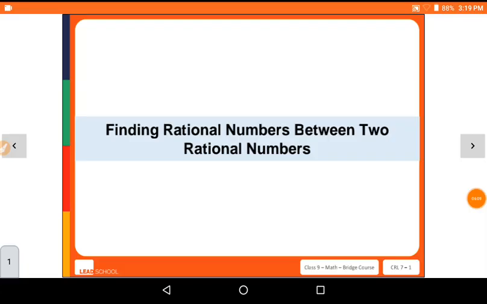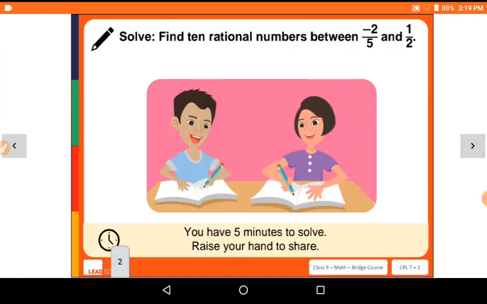Let us rapidly go through finding rational numbers between two rational numbers. We just have to check one by one. Here is an example: find 10 rational numbers between -2/5 and 1/2. So -2/5 and 1/2. How many rational numbers do we have to find? 10.